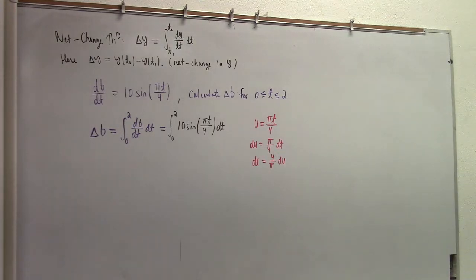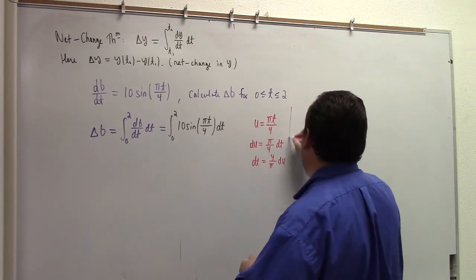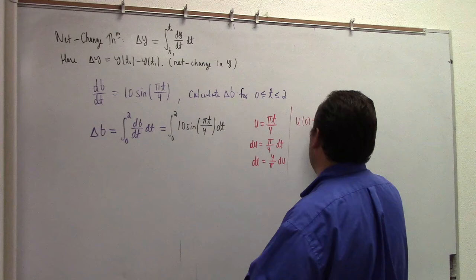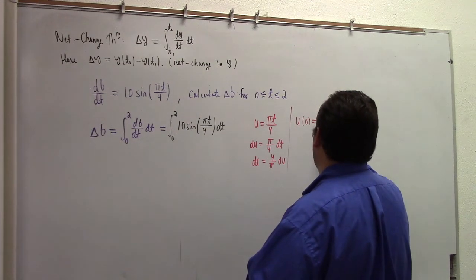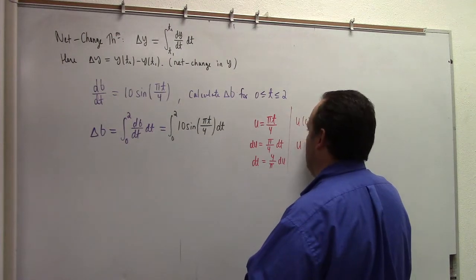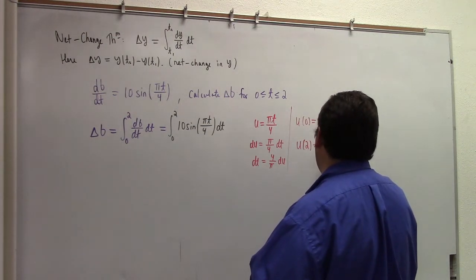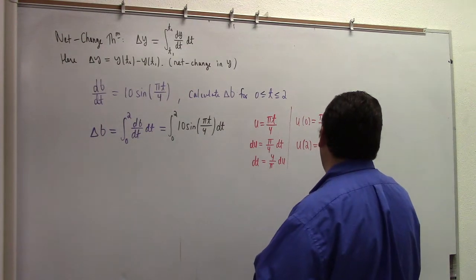Zero stays the same: u of 0 is pi times 0 over 4, which is still 0. But u of 2 is pi times 2 over 4, which is otherwise known as pi over 2.